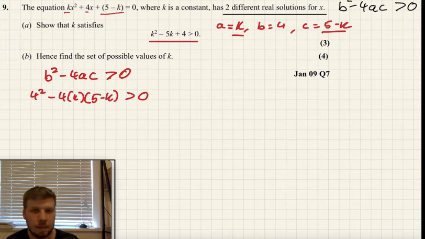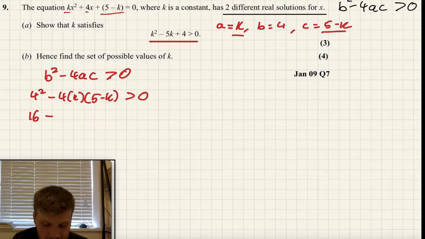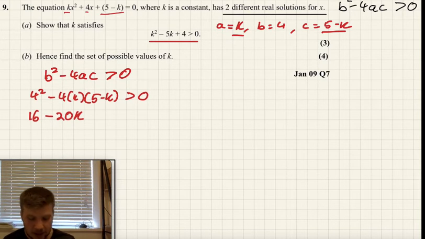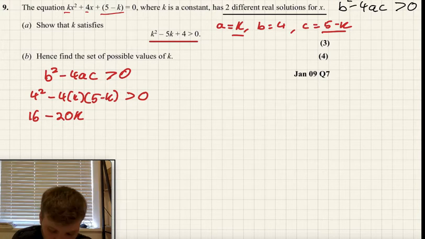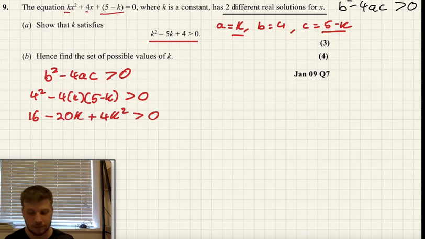So now it's just a bit of expanding. 4 squared is 16. Take away 4k multiplied by 5, which is take away 20k. And then 4 multiplied by k multiplied by negative k is going to give me positive 4k squared. And I know that this is greater than 0.